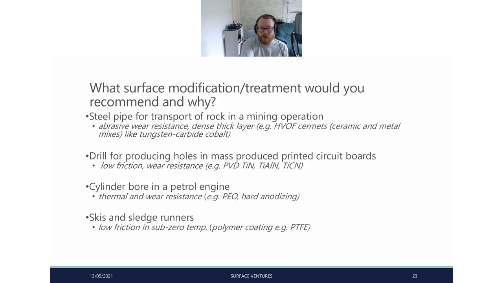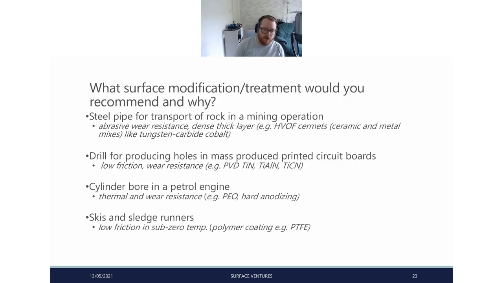So for our steel pipe for transport of rock, yes, we would be able to get the properties that we require from PVD, but with the amount of material being moved, we want something a little bit thicker than what a typical PVD coating can give. So high velocity oxyfuel cement coatings, ceramic and metal mixes.